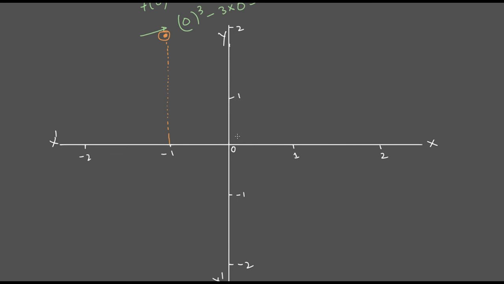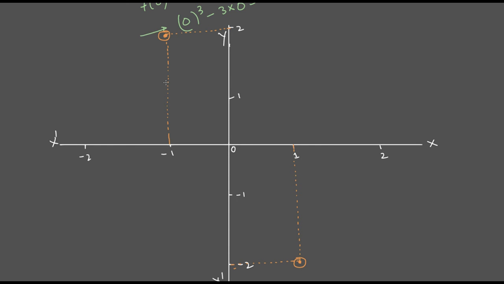After that, when x equals 1, y equals minus 2, because the function is equal to minus 2. So we get a local maxima here and a local minima here.